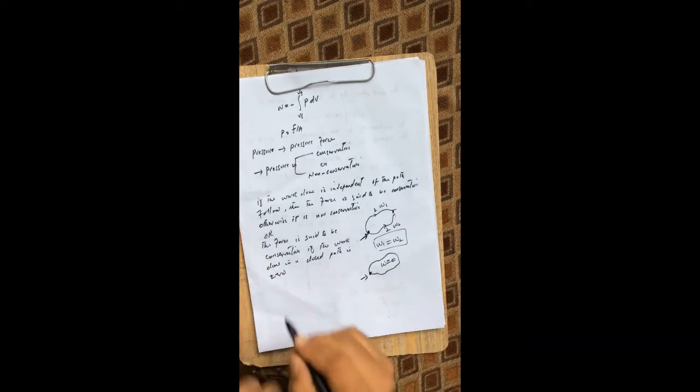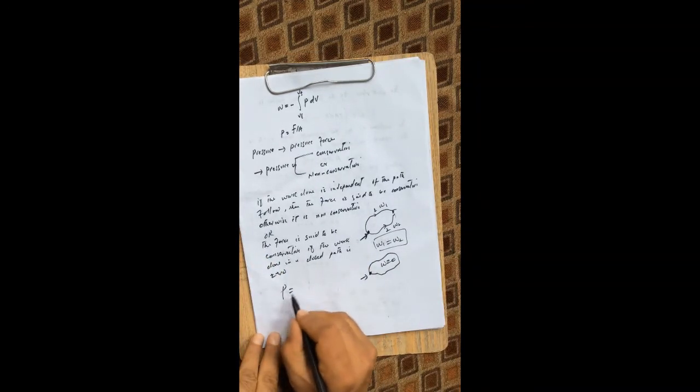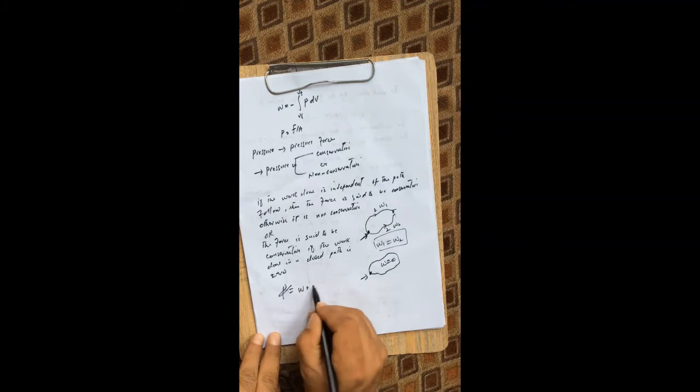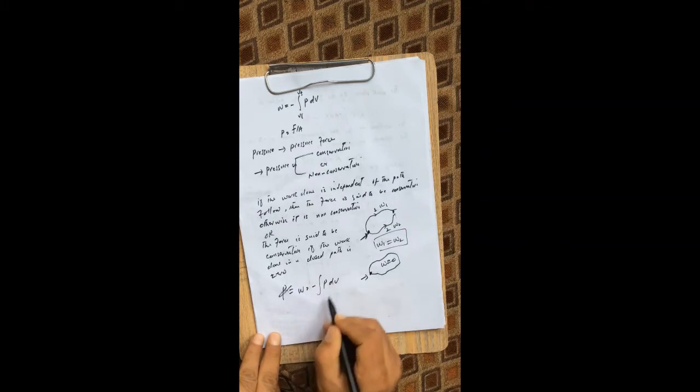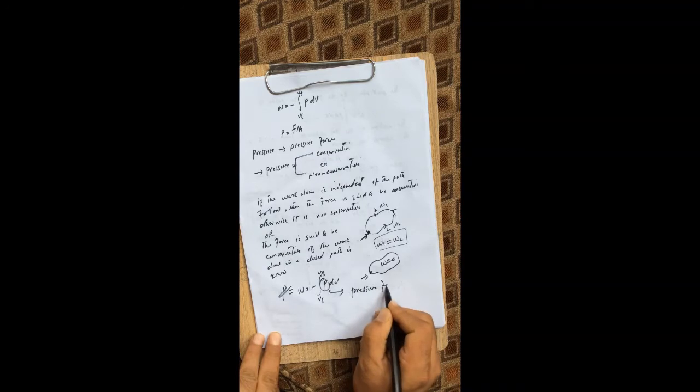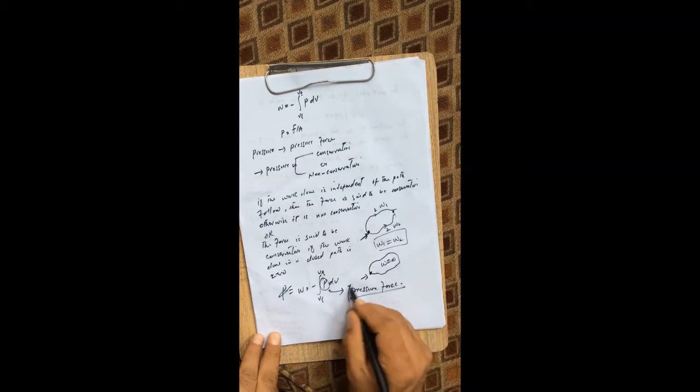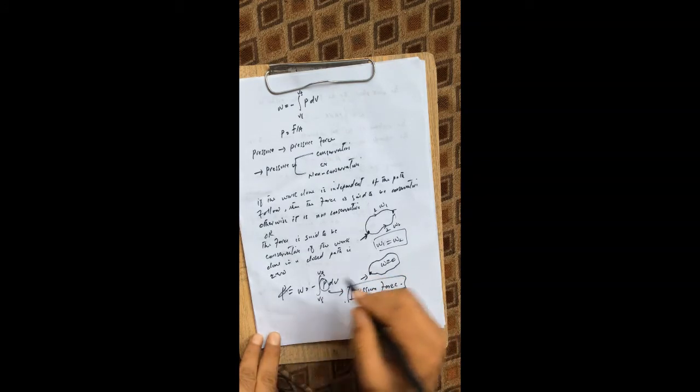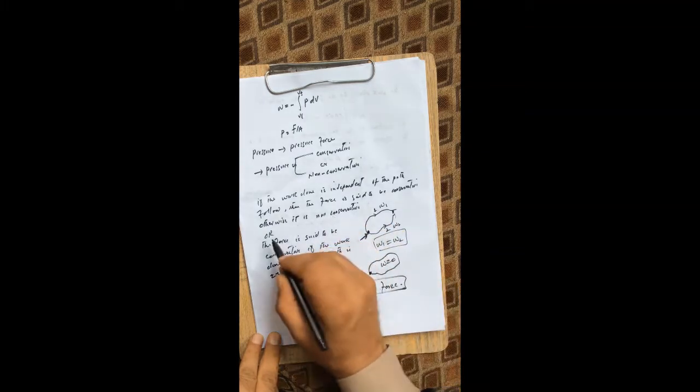Now we have to check this pressure force, because we have the work done equal to minus the integral of P dV from Vi to Vf. So this pressure plays the role of a force here, so we call it the pressure force, and we have to check whether it is conservative or non-conservative.